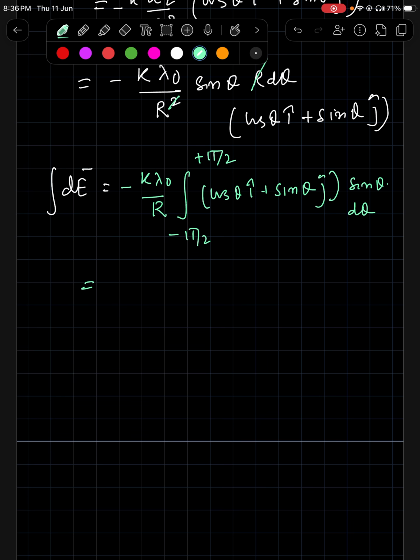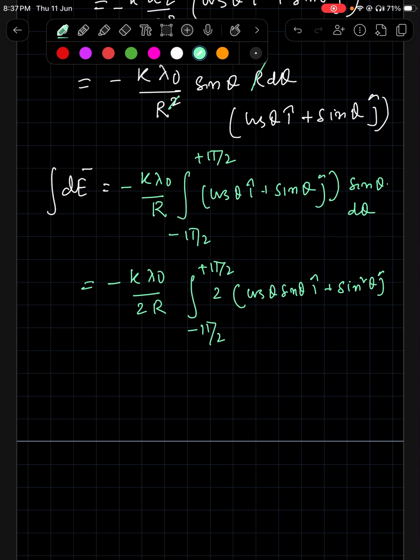To deal with this integration, it is very helpful to multiply the integrand by 2 and divide everything by 2, so that the integration remains the same. I am keeping the sin theta inside. So it is 2 cos theta sin theta i cap plus sin square theta j cap, times d theta.